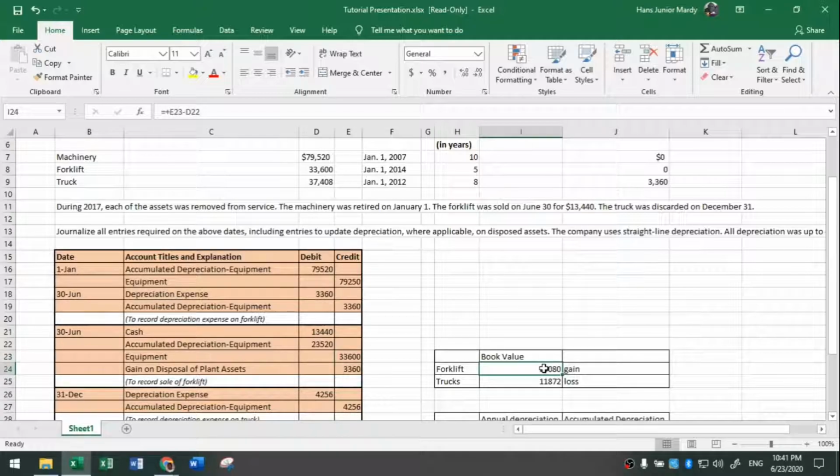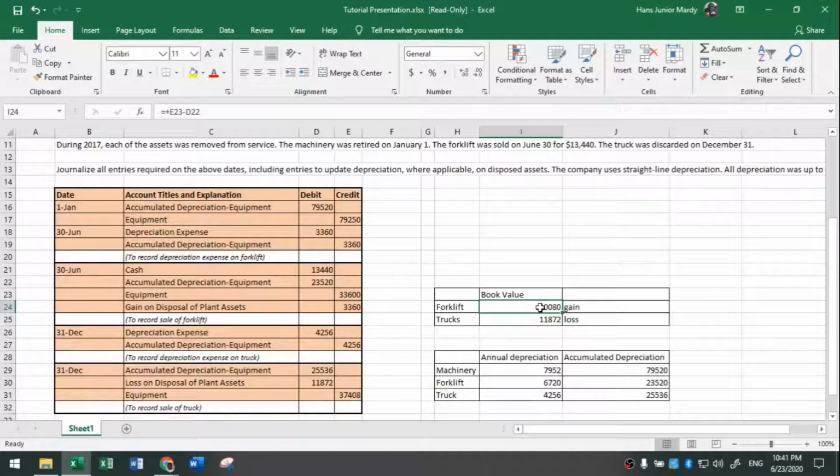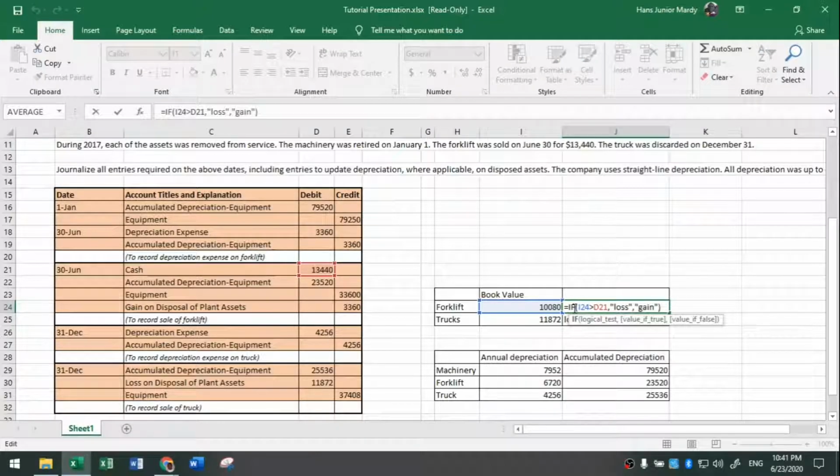How to know that? The book value is the total cost minus the accumulated depreciation. And I have a formula here that I've created as well. If the book value is greater than the price at which we sell this equipment, we make a loss.